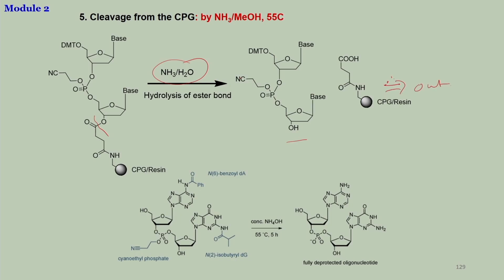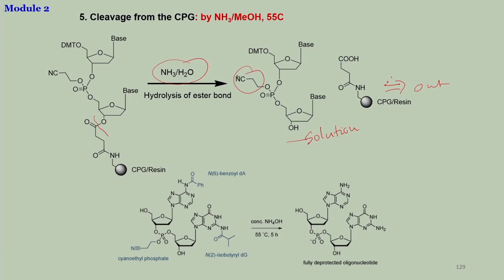This is now in solution phase, and your solid is out. You can take your solution and isolate from there. You can dry the ammonia out, dry the water out, and you have your compound.